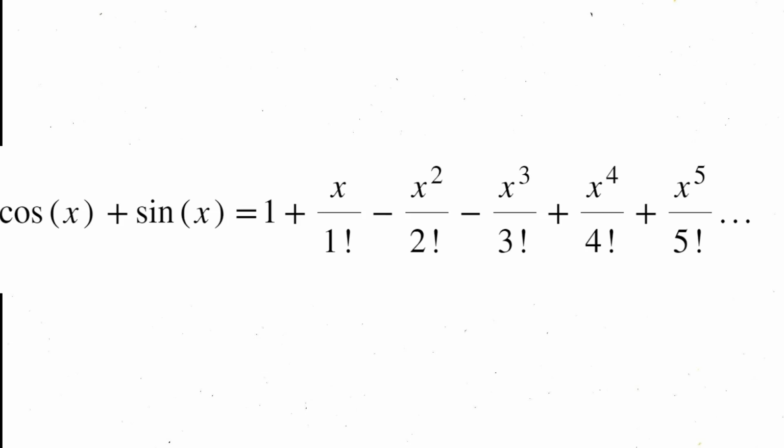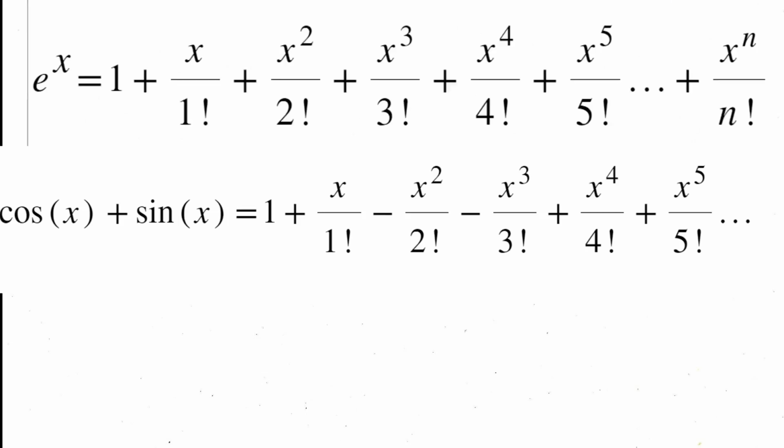So sine of x plus cos of x is equal to 1 plus x all over 1 factorial minus x squared all over 2 factorial minus x cubed all over 3 factorial plus x raised to power 4 all over 4 factorial plus x raised to power 5 all over 5 factorial, and the sequence continues.